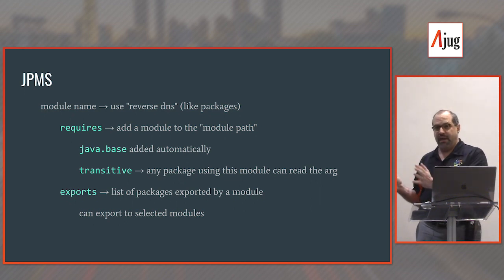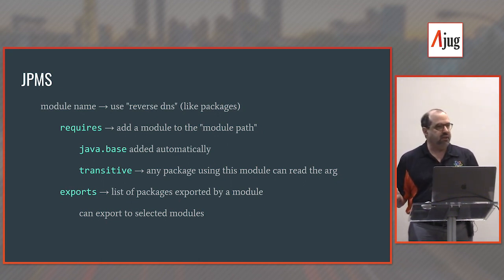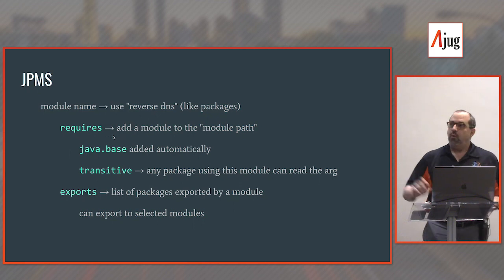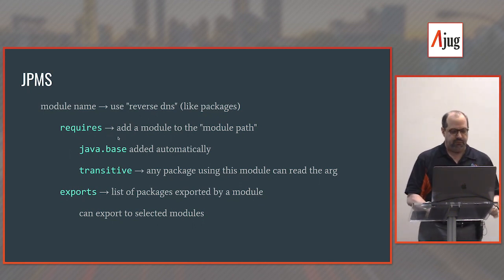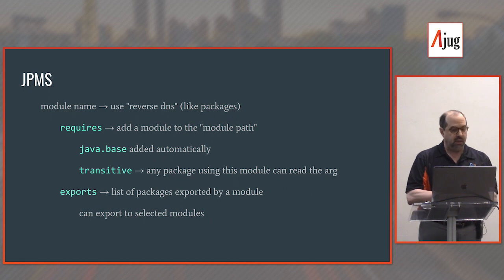But if you're just trying to call a class in another module, even if it's public, you can't see it unless it's been exported and you have required it. So they use the keyword requires to specify which module you want. And again, that'll be a collection of packages, if you will. And exports will say what packages you are providing to clients.